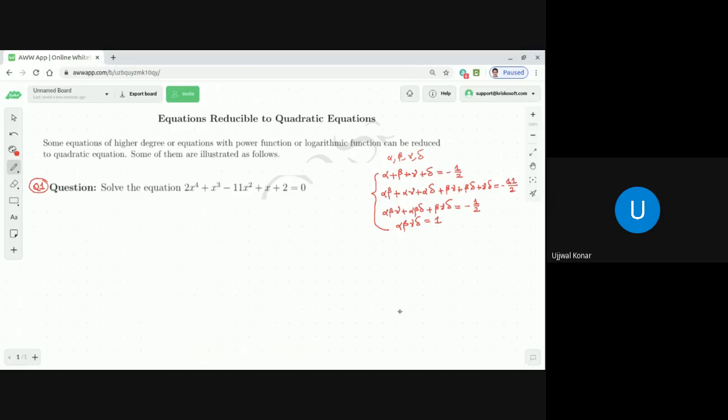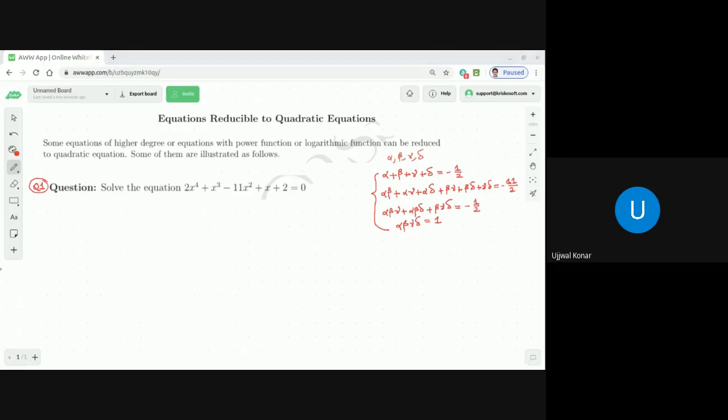I am giving the justification why it is important to convert it to a problem related to a quadratic equation, because it will make our lives easier and simpler. That is why I explained the traditional approach, which is whatever I said in the last few minutes.